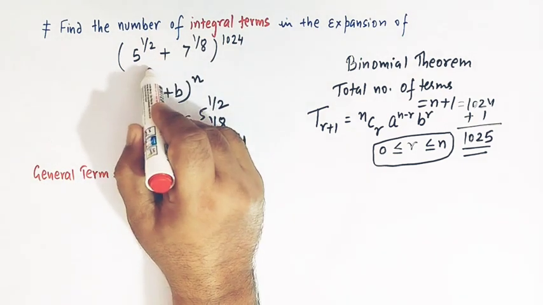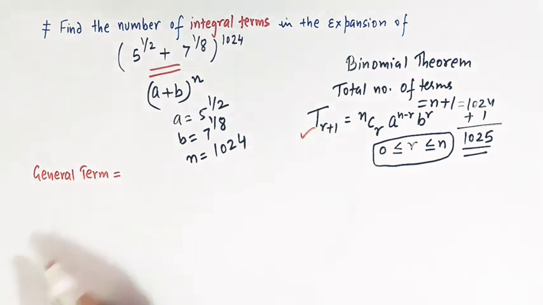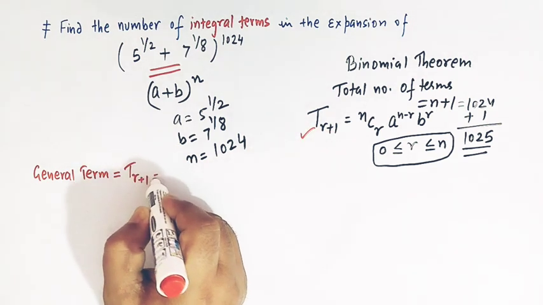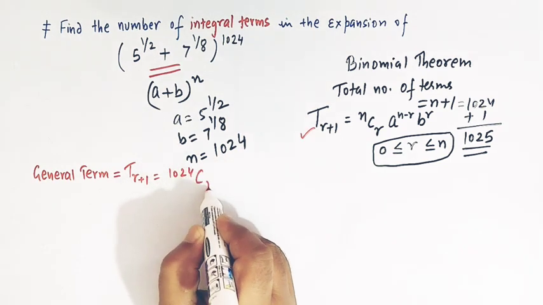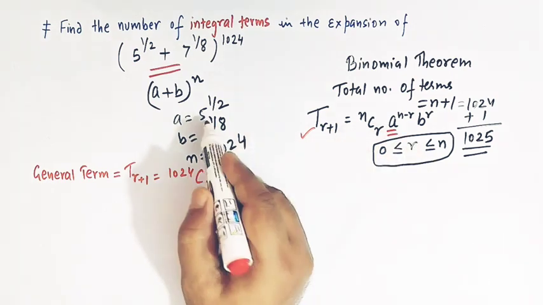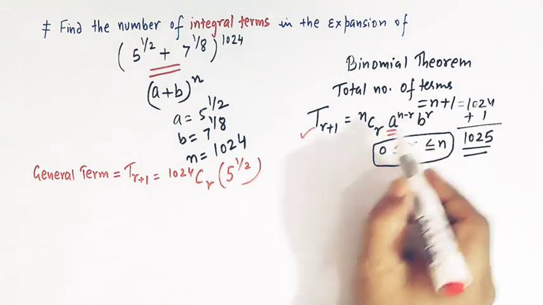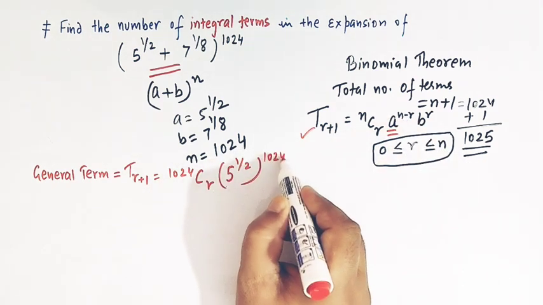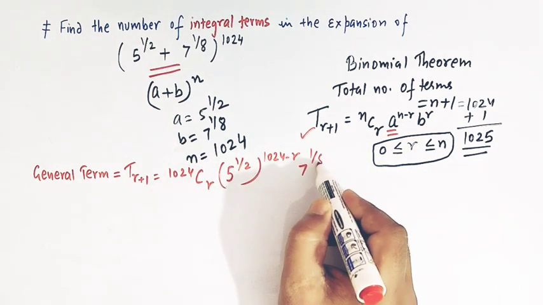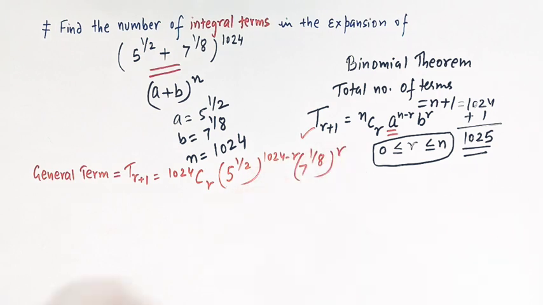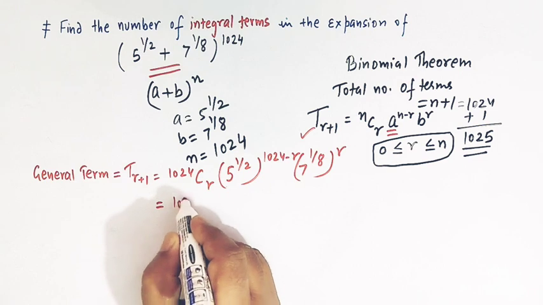The general term for this binomial expansion can be written with the help of this result. So we have T r plus 1 equals nCr, where n is 1024, a is 5 raised to half raised to n minus r, that is 1024 minus r, and b is 7 raised to 1 over 8 raised to r. This is the expression for the general term. Now let us simplify it.